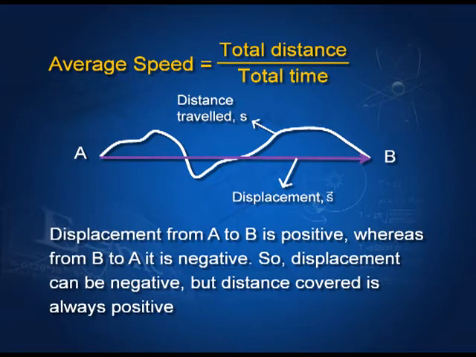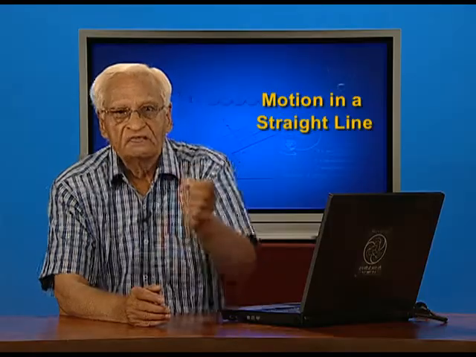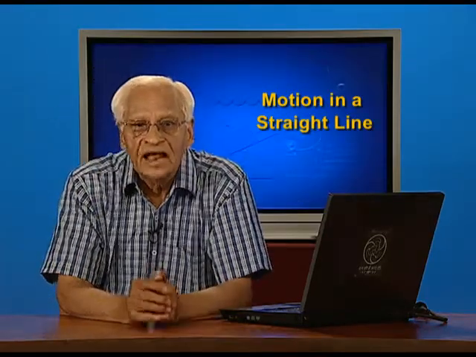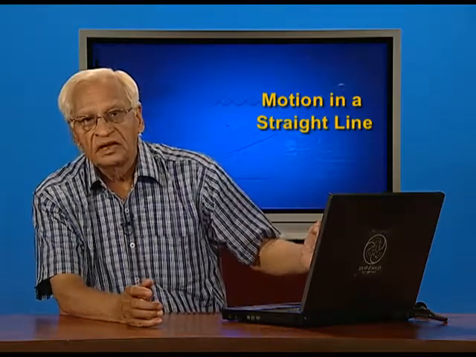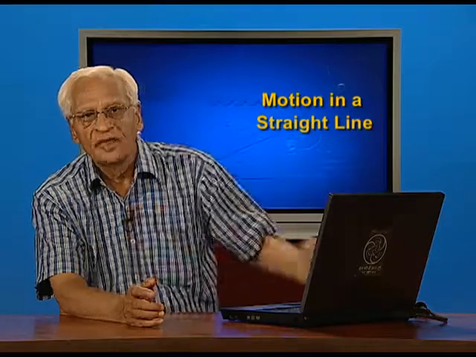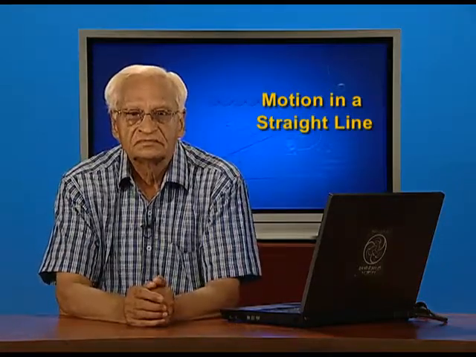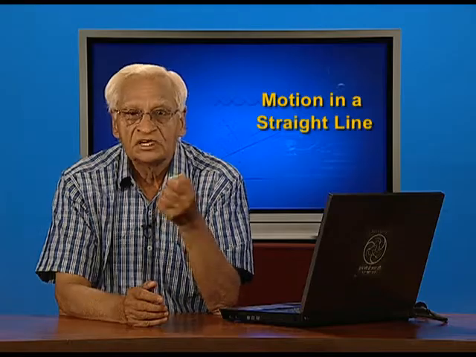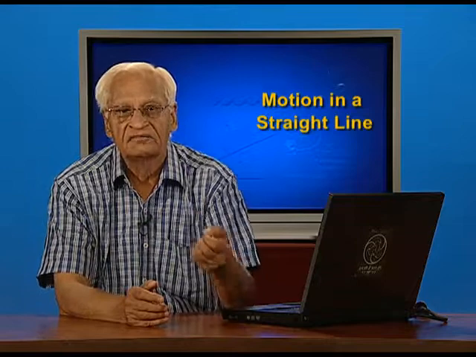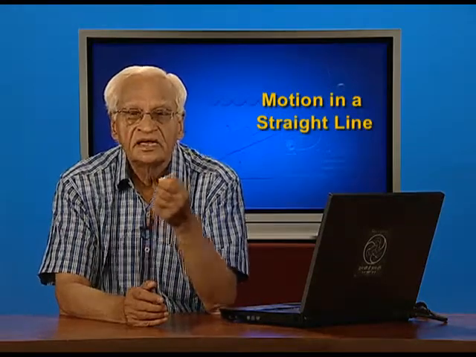We go from A to B and we take a very meandering path, and if we measure the length along this path, that would be the distance travelled, whereas the direct arrow from A to B shows the displacement, and the displacement from A to B is the positive displacement, and if we take displacement from B to A, it can be negative displacement. So, displacement can be positive as well as negative, whereas the distance covered is always positive.